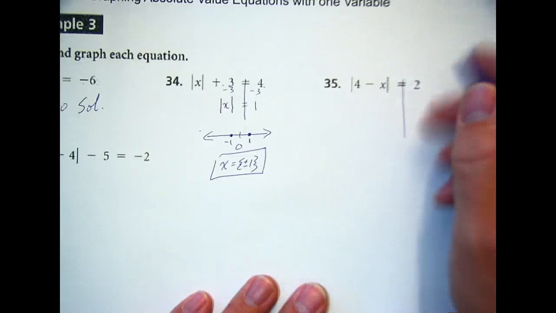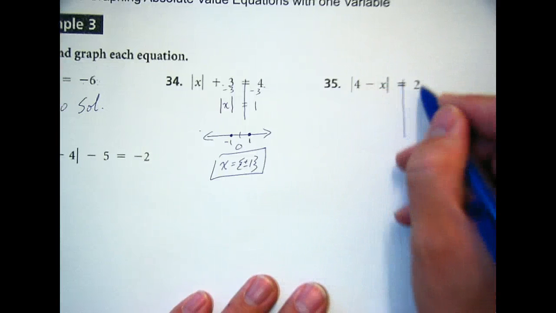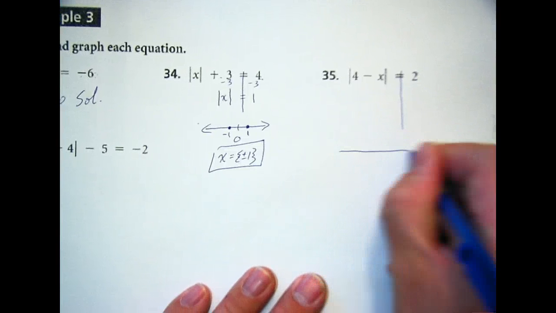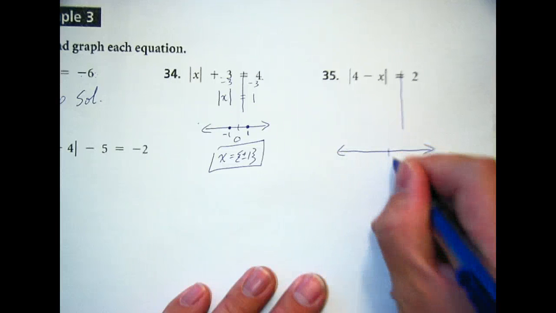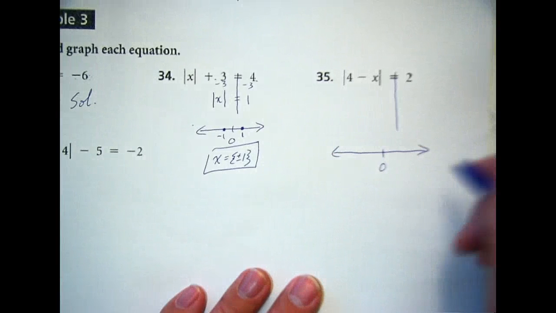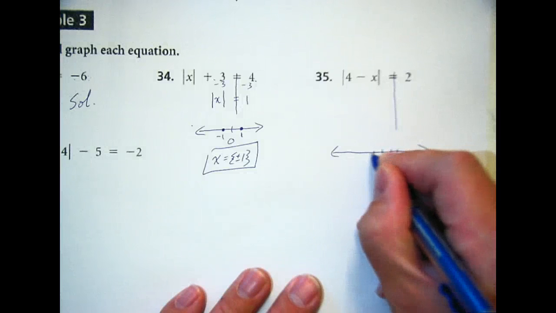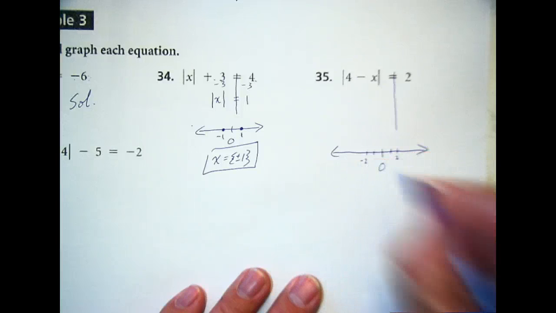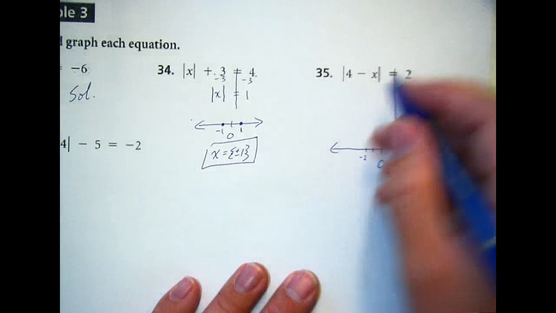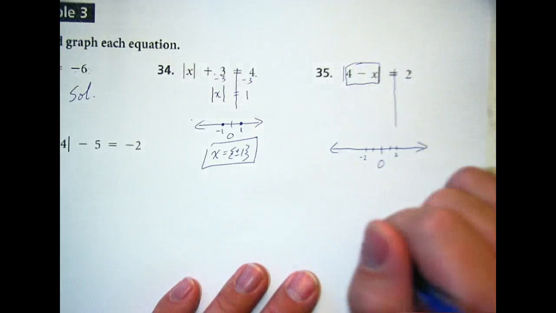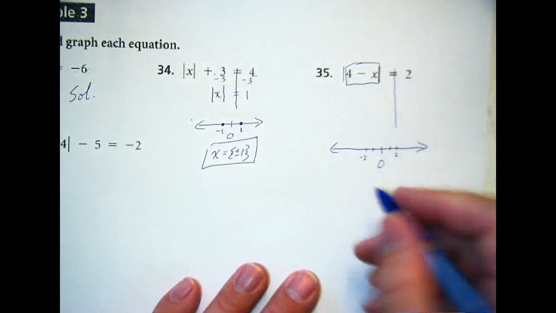So we need to think what numbers are 2 units from 0. So think of your number line again. If I have 2 units from 0, what number am I talking about? Well, and now I'm not graphing yet, I'm just thinking to myself. 2 is 2 units from 0 and negative 2 is. So I've got to say what will make this equal 2 or negative 2. So you've got to do a positive case.